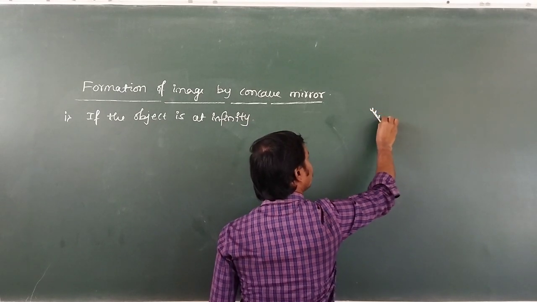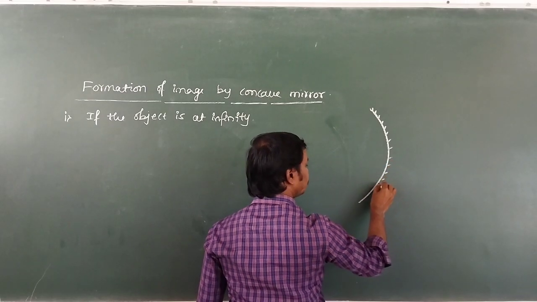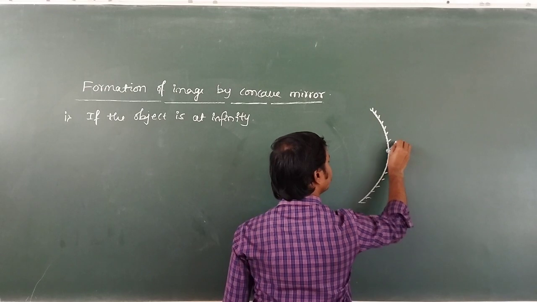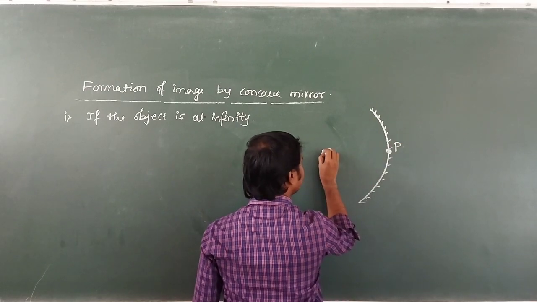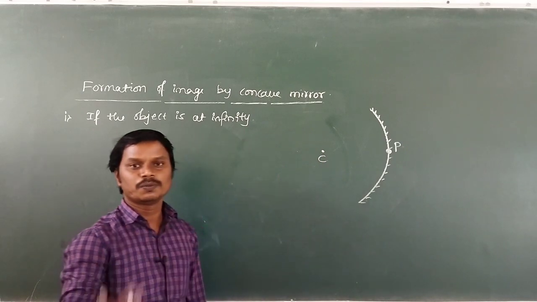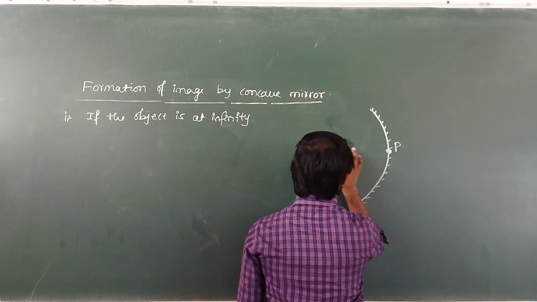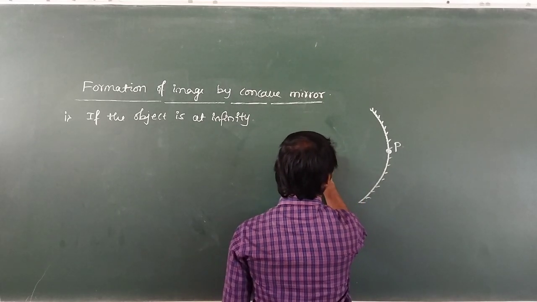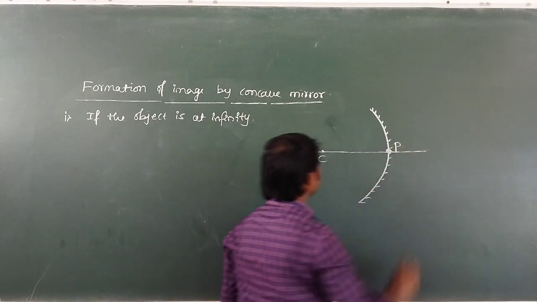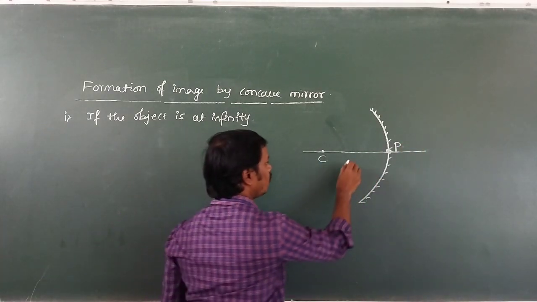First, we have to draw the concave mirror, and its pole, center of curvature. The line passing through the center of curvature and pole is called the principal axis, and it is the focus.